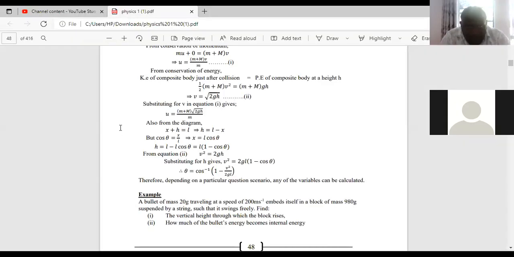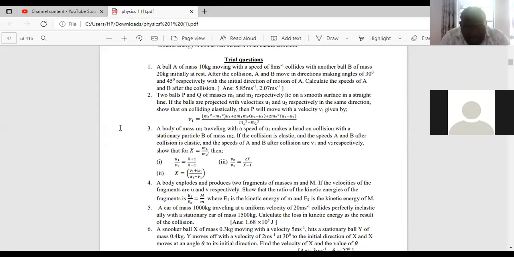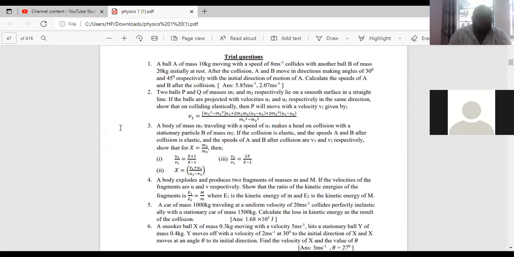So if you look at some of these examples I gave, those of us who managed to get these notes, look at these notes. There are these numbers I told you to try out, these trial questions.